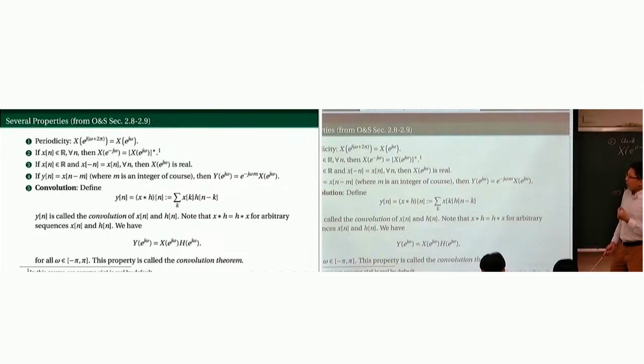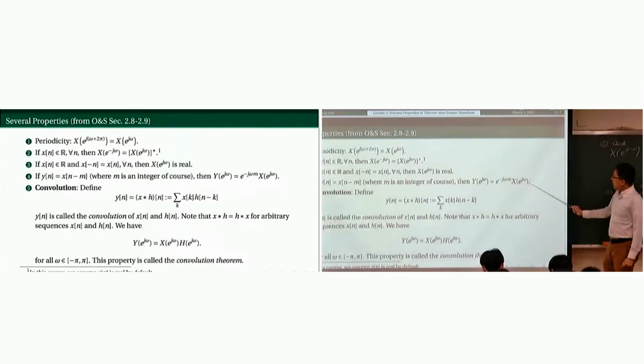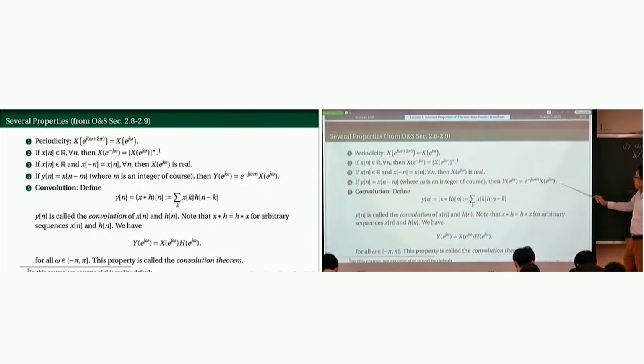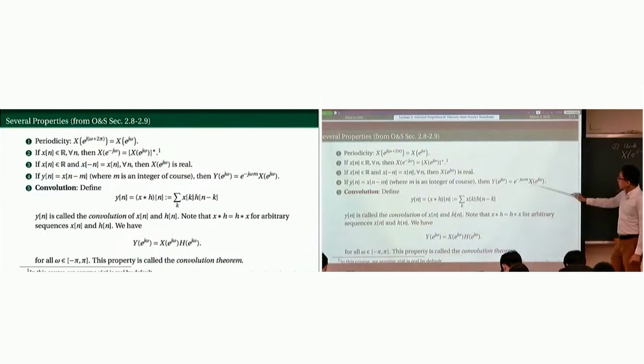Okay, so if y is simply x but delayed by m samples to be exact, then we have this relation: the spectrum of y is going to be the spectrum of x multiplied with this extra term right there, multiplied by a fixed complex number.